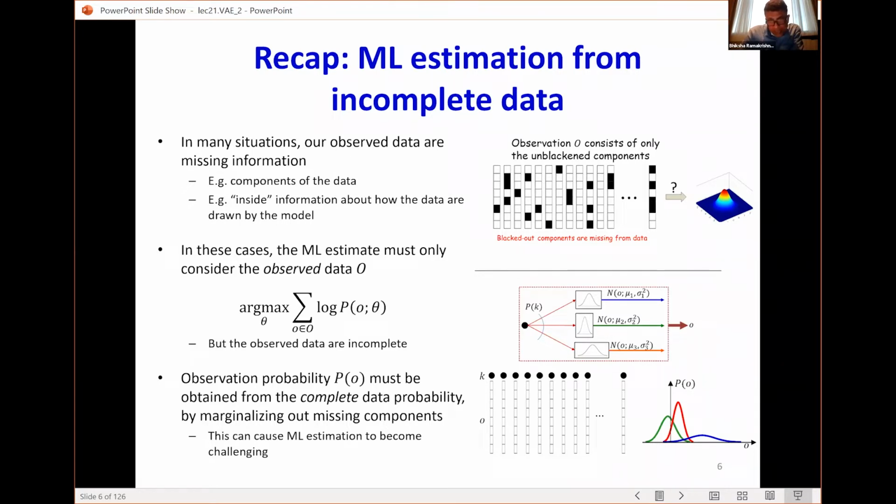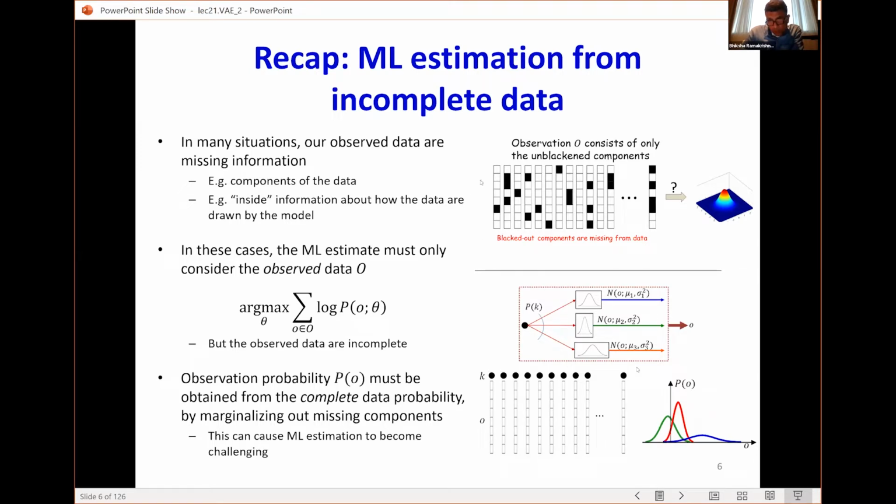We also saw that in many situations, the data we observe may be missing information. For example, you might be trying to estimate a Gaussian distribution from a collection of vectors, but each of the vectors might be missing some components. Or you might be trying to estimate the parameters of a Gaussian mixture distribution, but then you may not know exactly which Gaussian generated each observation.